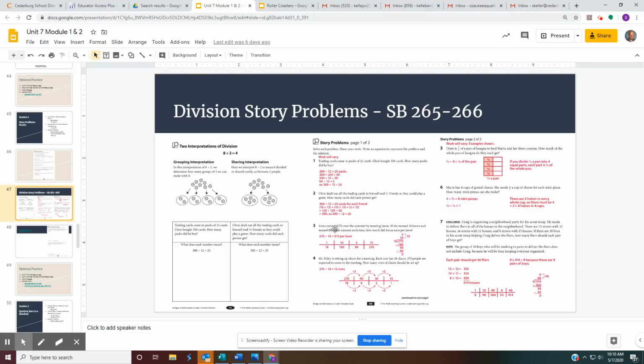Now, Anna earned $270 by mowing lawns. If she mowed 18 lawns and got the same amount, how much did Anna make? You should have come up with $15. Great problem here to use for a ratio table. In fact, both of them, because both problems are the same.